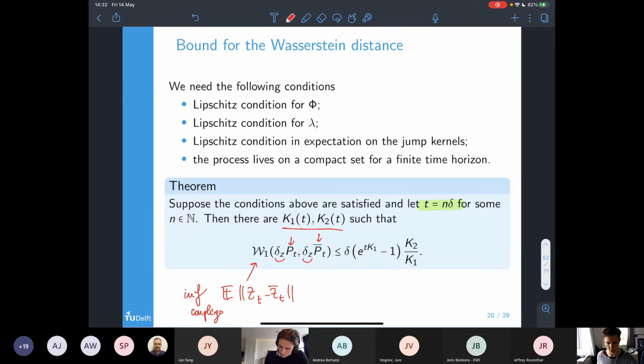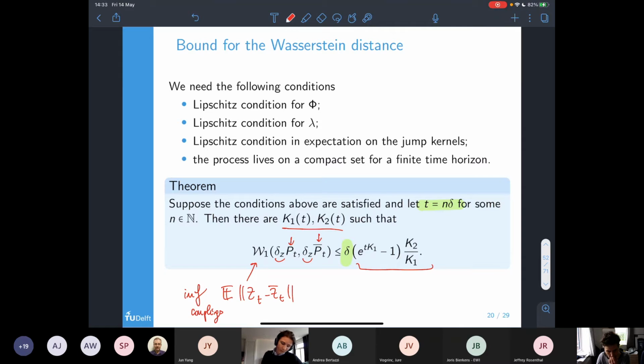Okay, a couple of comments on this result are in order. The nice thing is this delta factor in front, and this part does not depend on delta. So when we let delta go to zero, the Wasserstein distance goes to 0 linearly in delta, or at least the bound does.